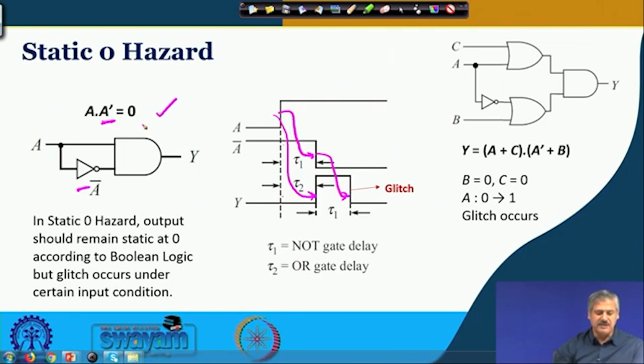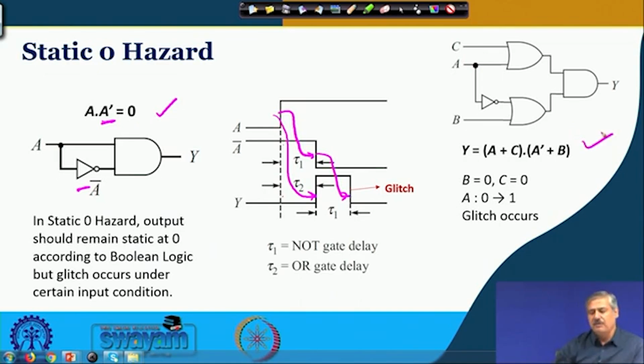So, in static 0 hazard, the output should always remain static at 0 according to the Boolean logic, but a glitch occurs under certain input conditions. So, we look at one practical example. If you realize the truth table that we had seen before for the static 1 hazard problem through product of sums, POS, then we will get a relationship something like this.